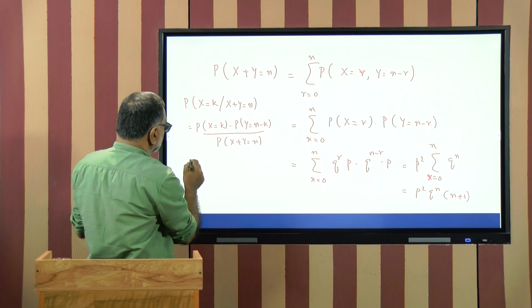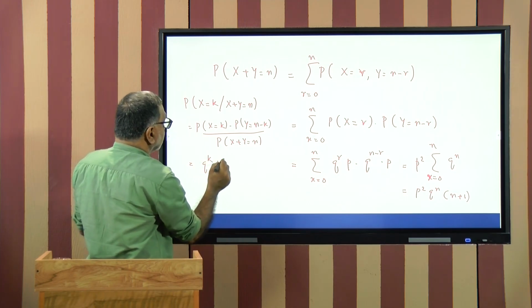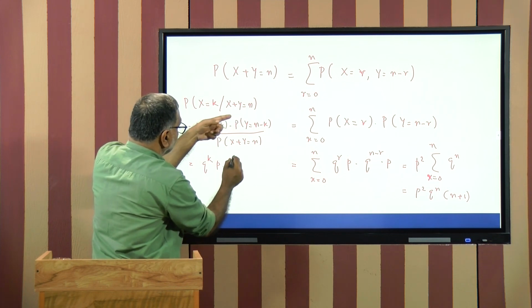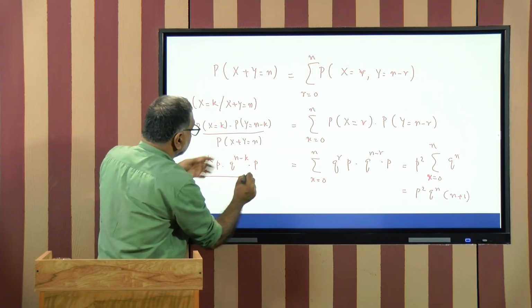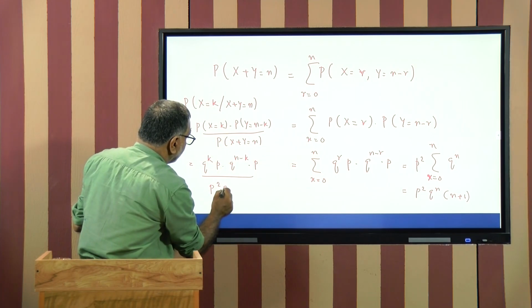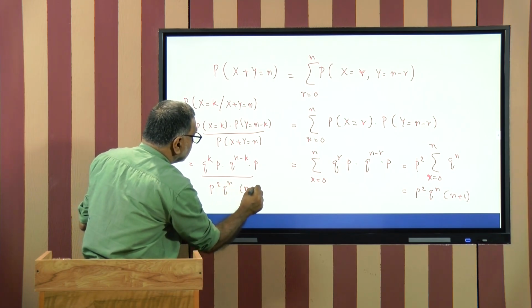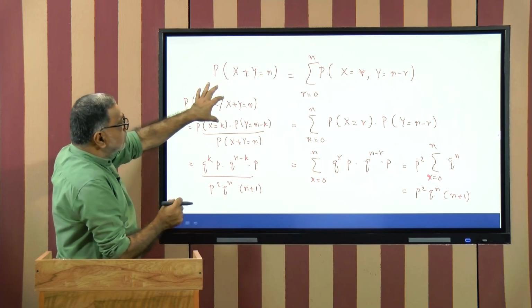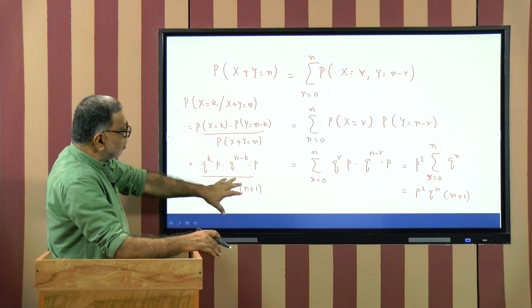Substitute all the quantities. This is equal to q power k into p, and this is q power n minus k into p, divided by the value we obtained, p square q power n into n plus 1. So, that is how the conditional probability of x given x plus y is equal to n is obtained.